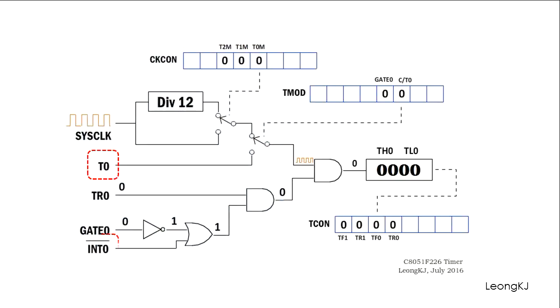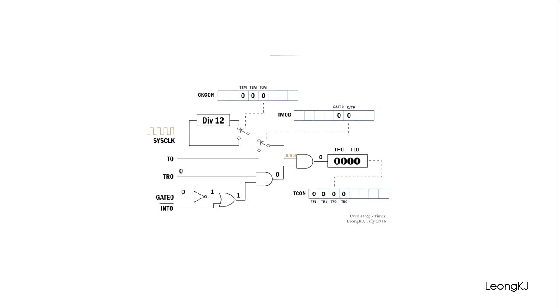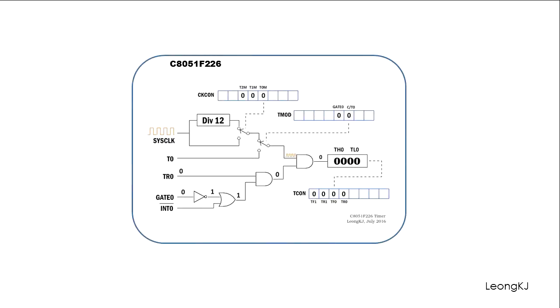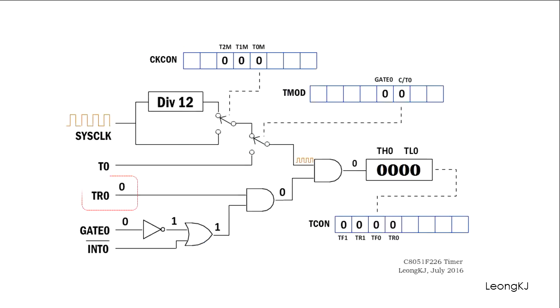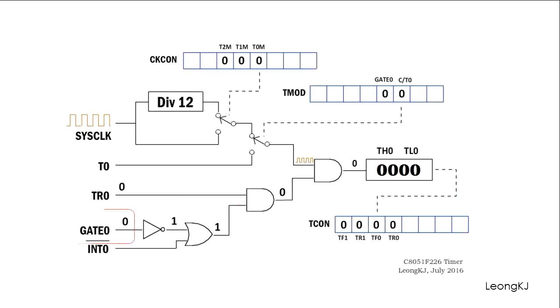There are two external signals. This signal is controlled by this bit in the TCON register. This bit is called the timer 0 run control bit. This signal is controlled by this bit in the TMOD register.